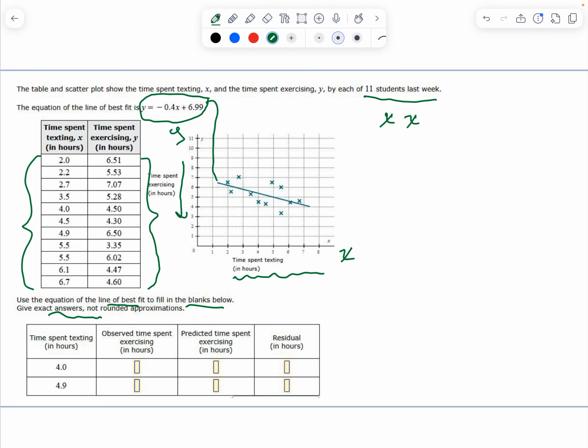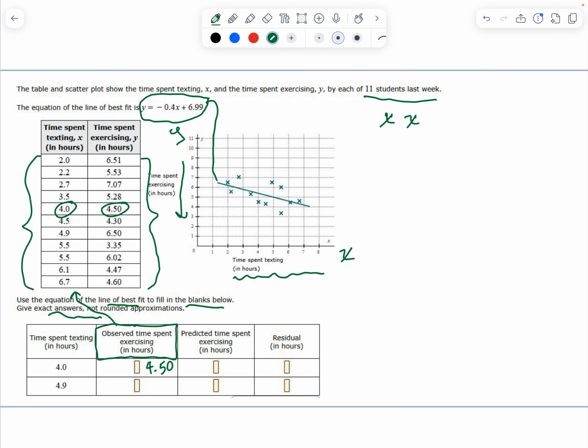Let's start with observed time. That is those pieces of data up here from those students. So at 4 hours, we observed that a student exercised 4.5 hours that week. That's going to be 4.50.